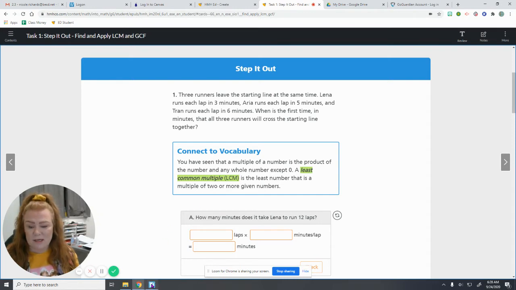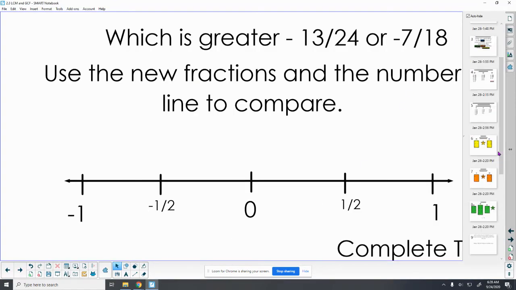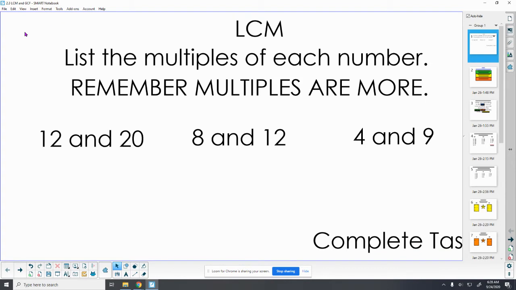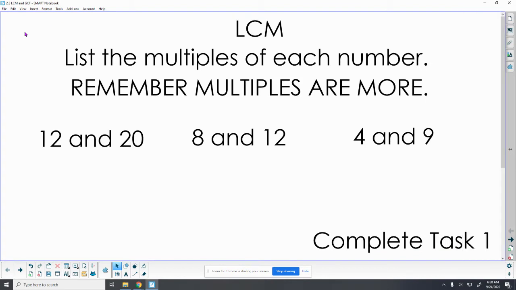So we're going to start and look at a problem here. Let me get to the start of my work here. So the LCM, least common multiple. We want the lowest number that they have in common. That's a multiple. So we are going to list out multiples of these numbers.